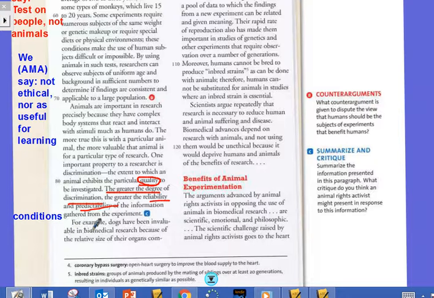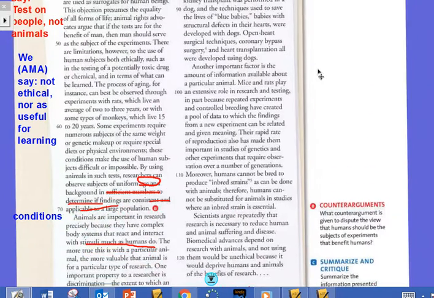For example, dogs have been invaluable in biomedical research because of the relative size of their organs compared to humans. In other words, the size is comparable. The relative size of the organs to the body is similar to the size of the organs in humans.